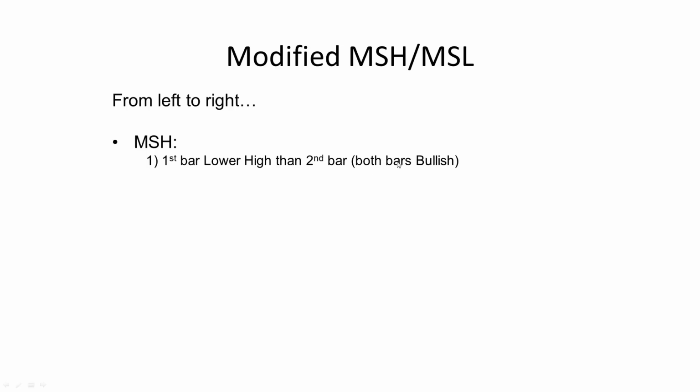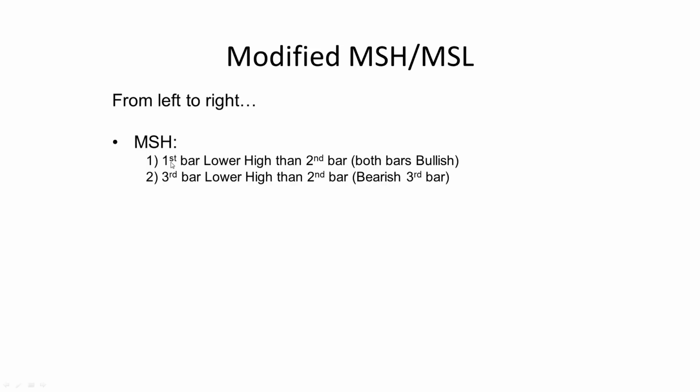And both bars need to be bullish. This is the modified version right here, that you want both bars to be bullish in a market structure high. And then this next condition is the third bar needs a lower high than the second bar. And this third bar needs to be bearish. Just a bearish close, red bar on your chart, depending on your broker setup, your chart setup.